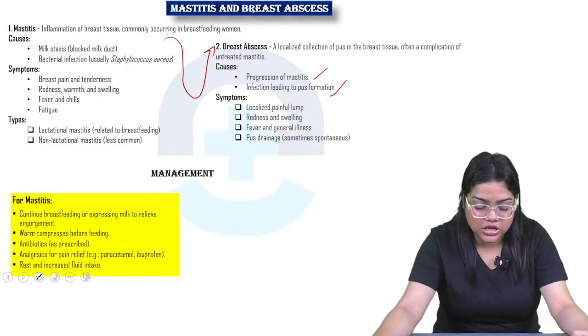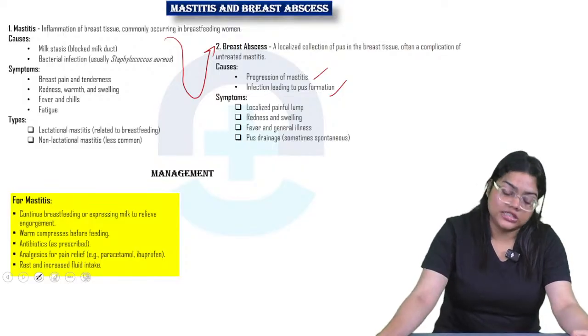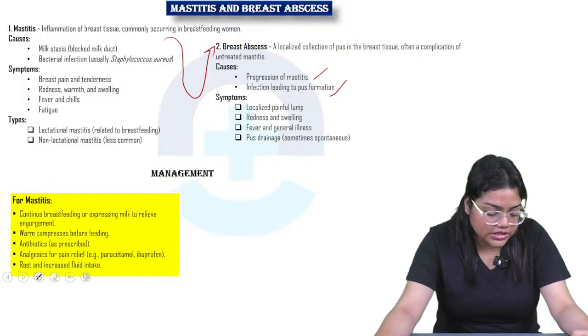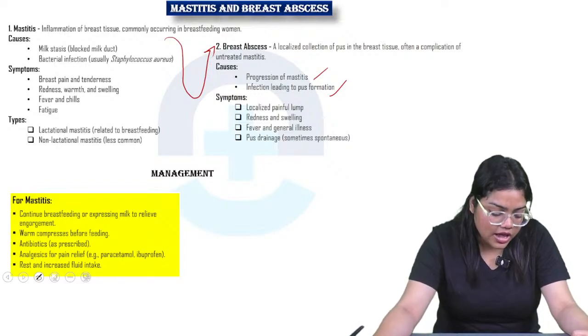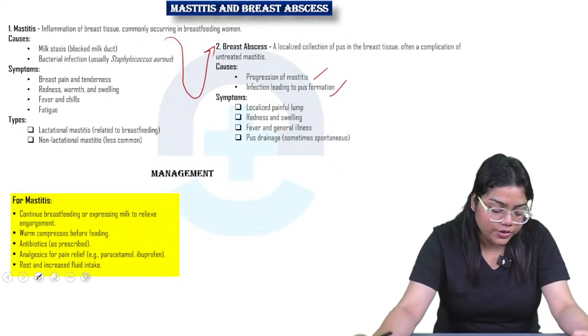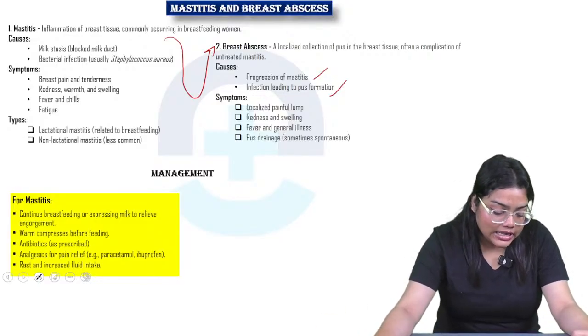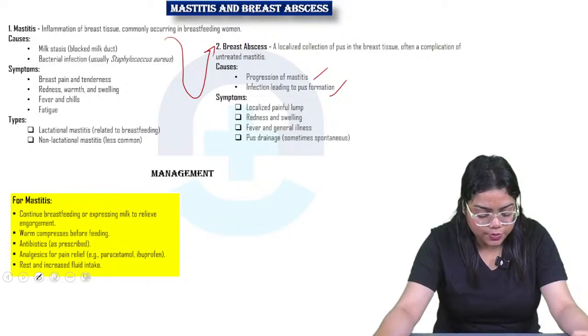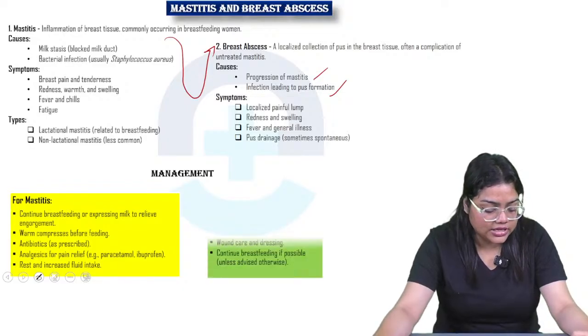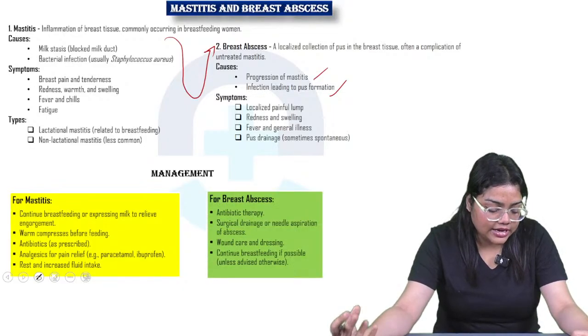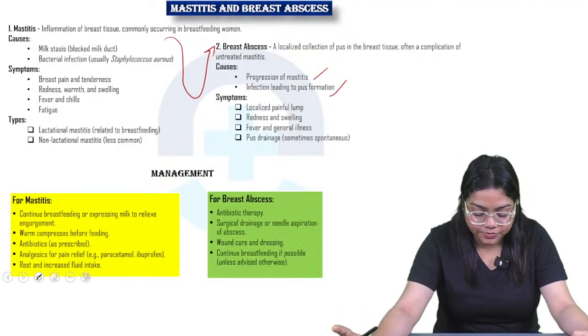sometimes spontaneous. Okay, so for mastitis, what is the management? Continue breastfeeding or expressing milk to relieve the engorgement, warm compress before feeding, antibiotics as prescribed by the doctor, analgesics for pain relief, for example paracetamol or ibuprofen, and rest and increased fluid intake.